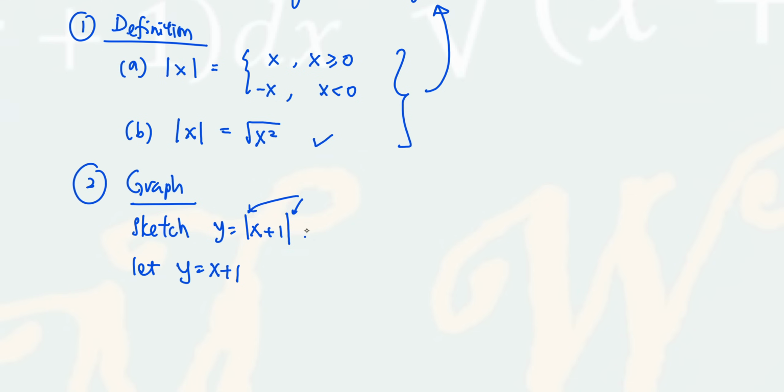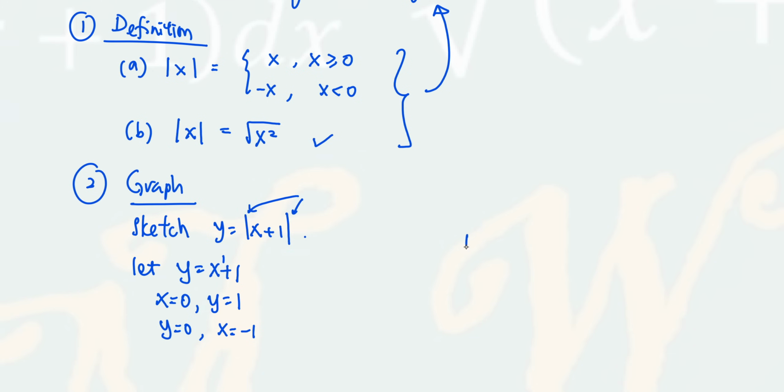So we just ignore the modulus lines first, then we sketch y equals x plus 1. We know that this is a straight line because the degree of x is 1. To sketch a straight line, we just need 2 points. Let x be 0, then y is 1. When y equals 0, x is minus 1.